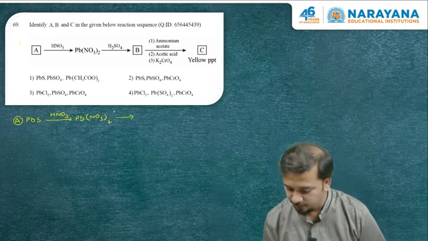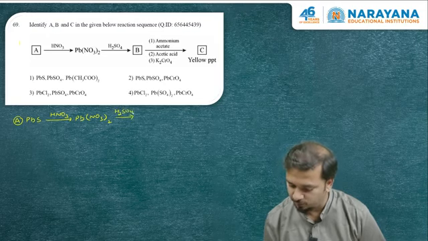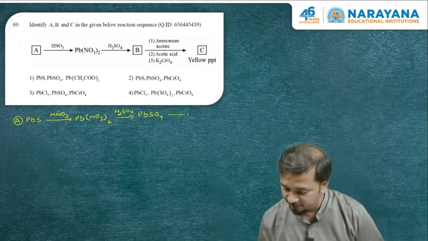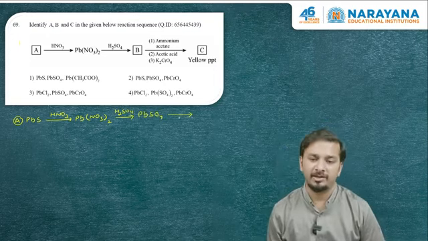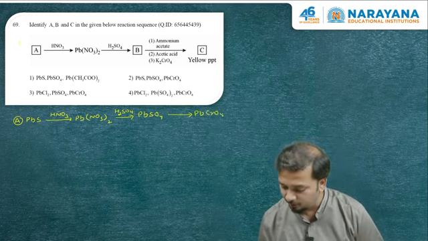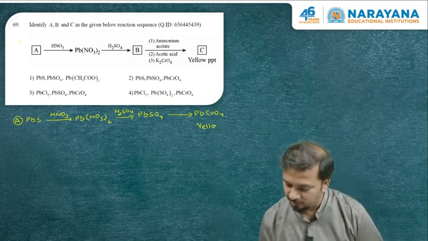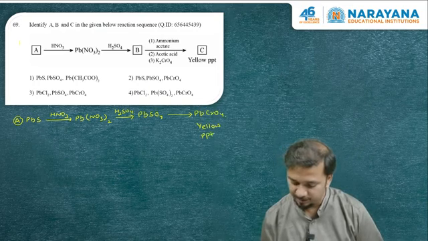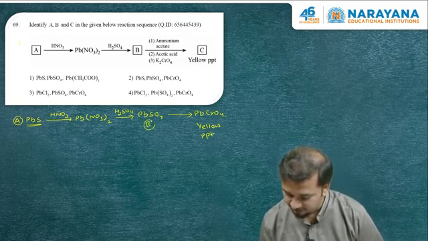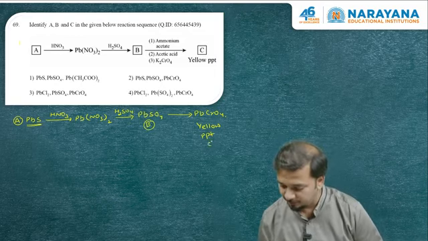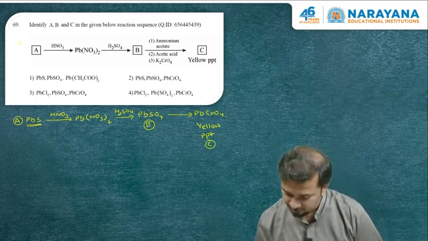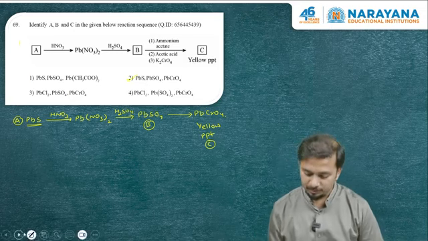Lead nitrate when treated with H2SO4 will be converted to lead sulphate, and lead sulphate on further treatment with ammonium acetate, acetic acid and K2CrO4 will be converted to lead chromate, which is formed as a yellow precipitate. So A is PbS, B is PbSO4 and C is PbCrO4. So correct answer for this question is option number 2.